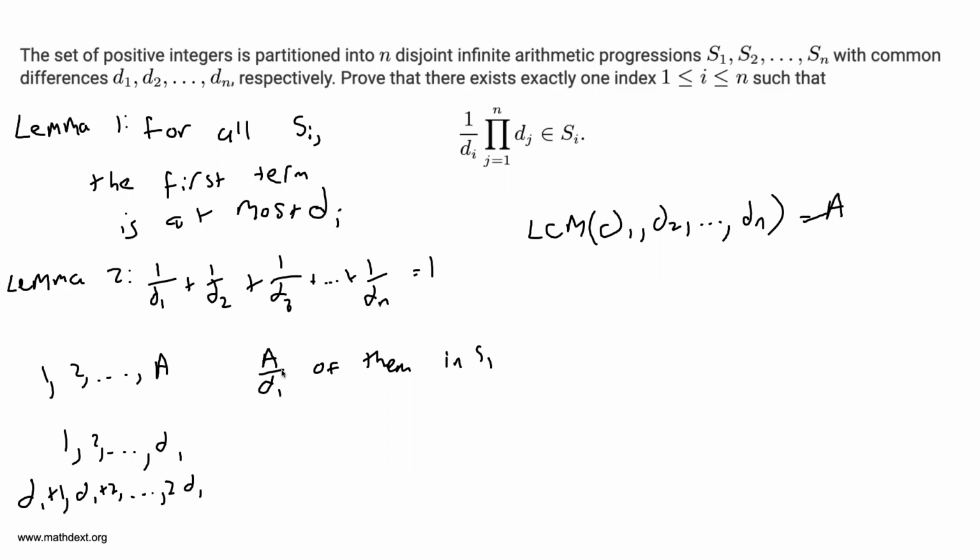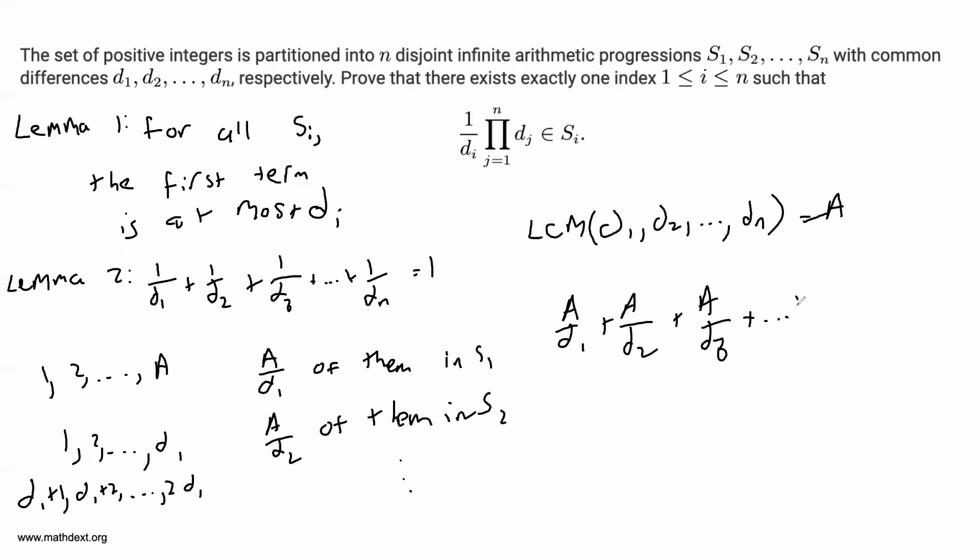So a over d1 of them are in S1, a over d2 of them are in S2, etc., right? So the total number of the terms that are in any of the sequences is a over d1 plus a over d2 plus a over d3 plus etc., plus a over dn, right?